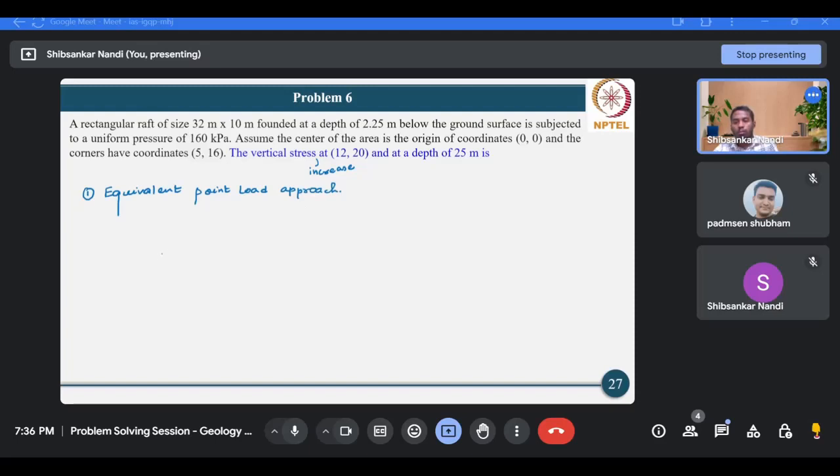Now this is y, this is x. So the center of the area is the origin of coordinates. Okay, so this is your 0, 0.